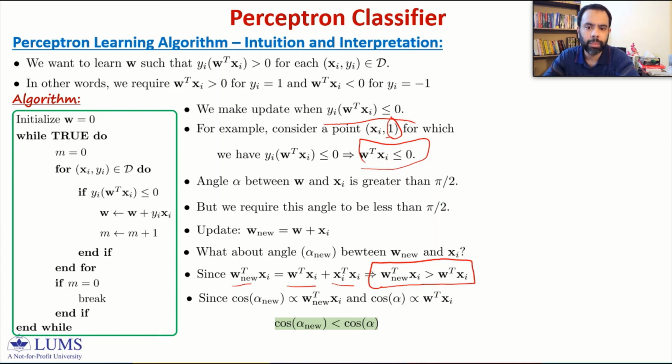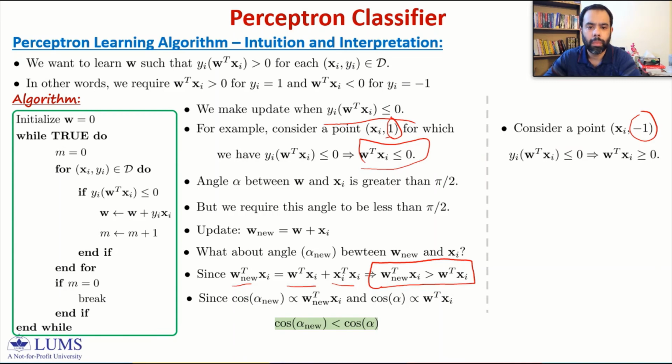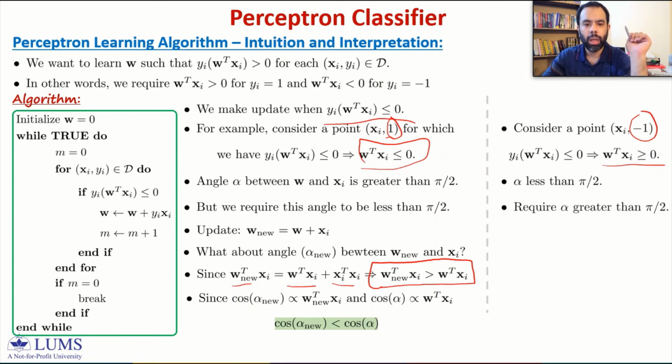Agree? Okay, let's consider the next case, when we have a point for which the associated label is -1. So we have a misclassification for this point. This implies W transpose xi is greater than or equal to 0, or the angle between W and xi, my apologies, is less than pi by 2. But we require greater than pi by 2 for xi to be on the right side.